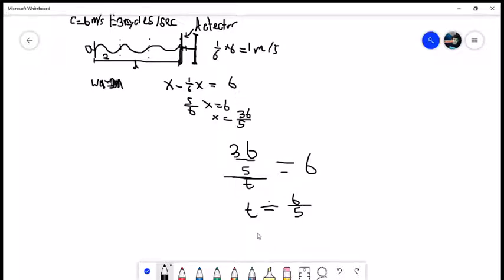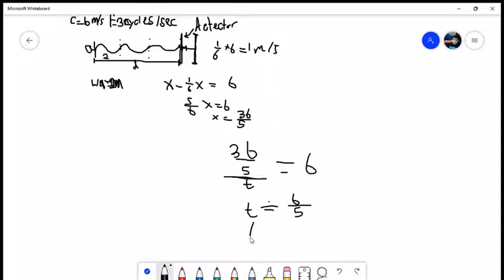And that means that the time measured on Earth is equal to 6.